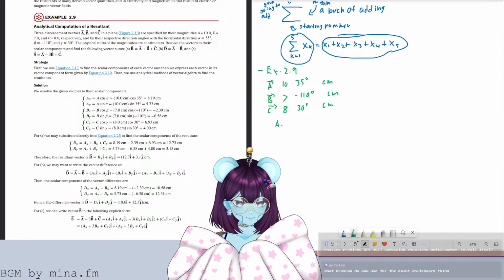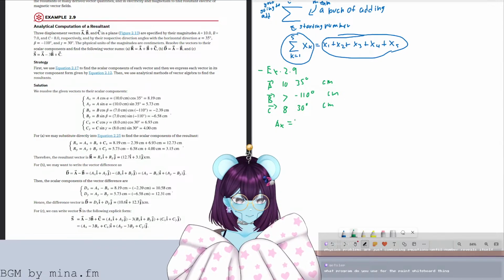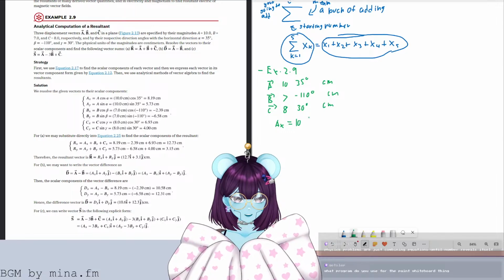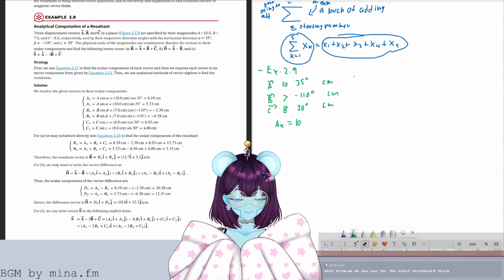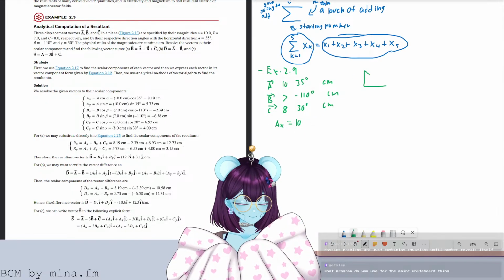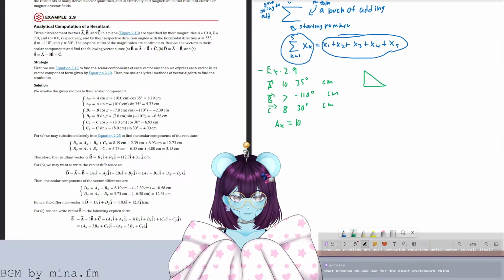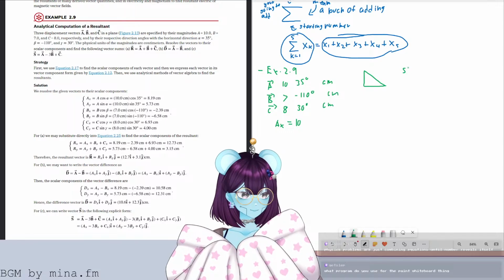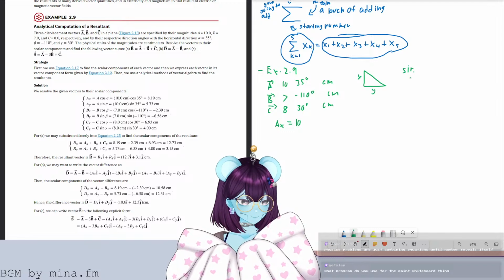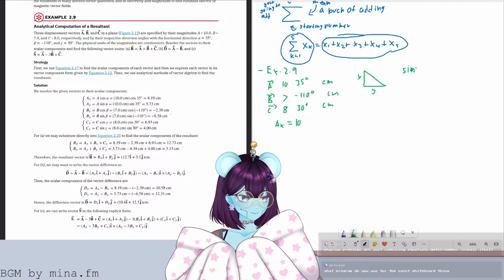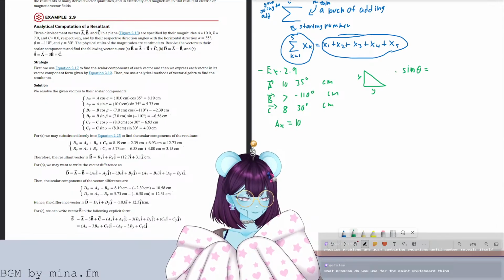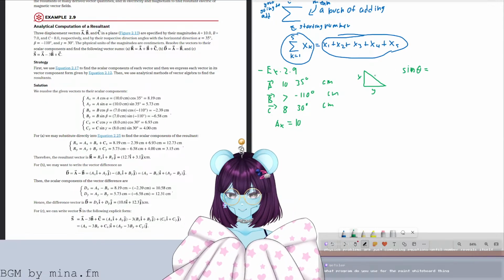So we got Ax is equal to A. So A is that 10. And then if we want to find the x, what is sine again?